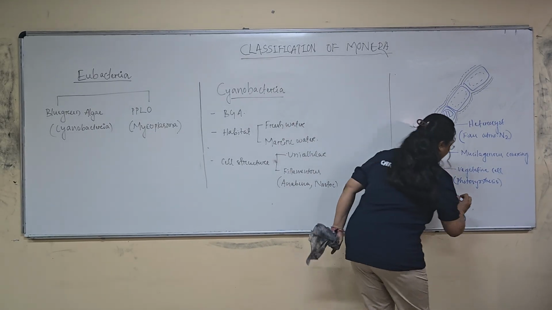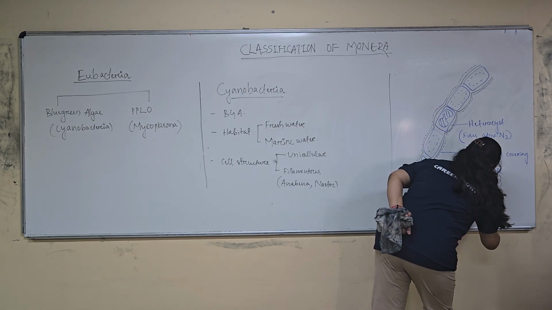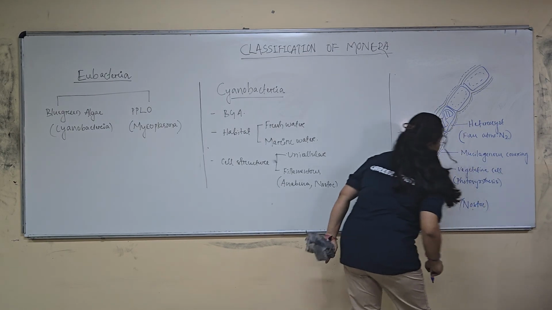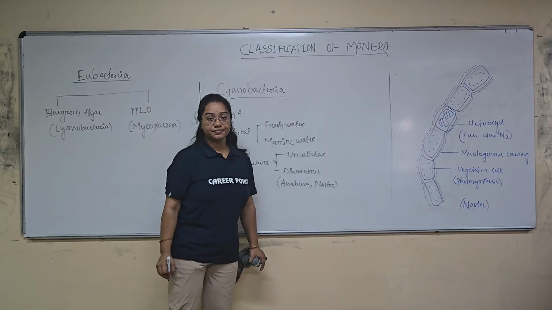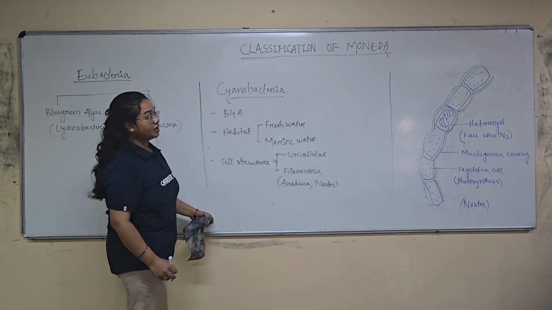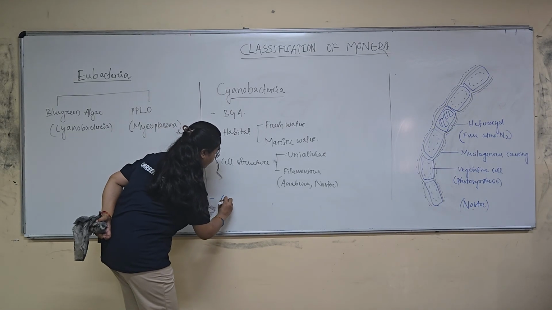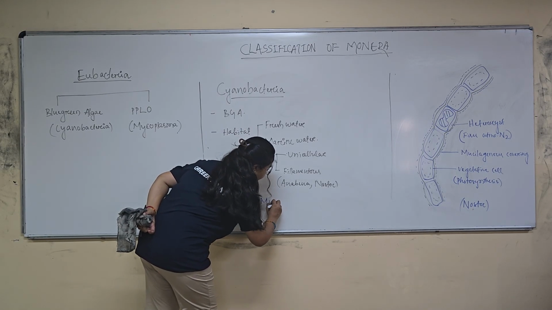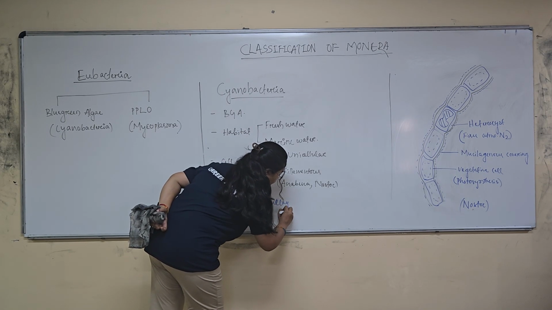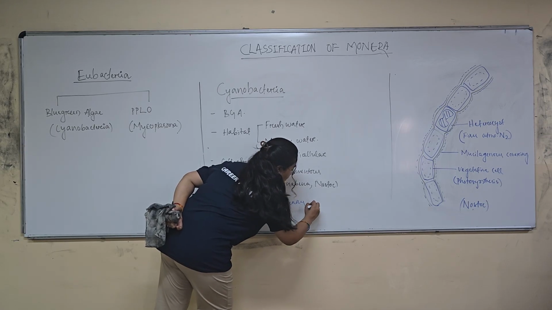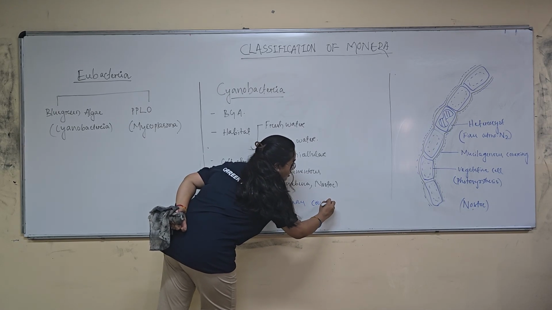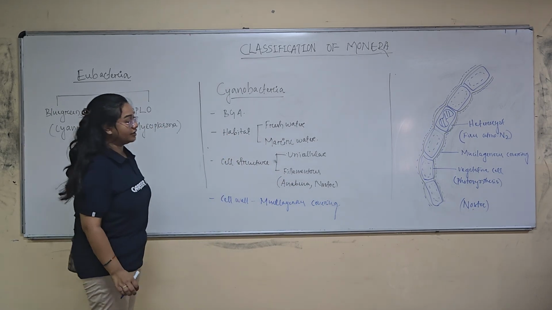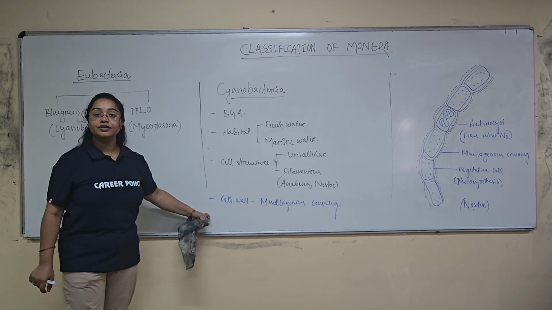Okay, this is the structure of Nostoc. The cell wall has a mucilaginous coating.